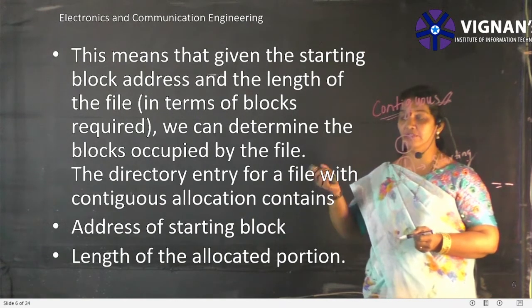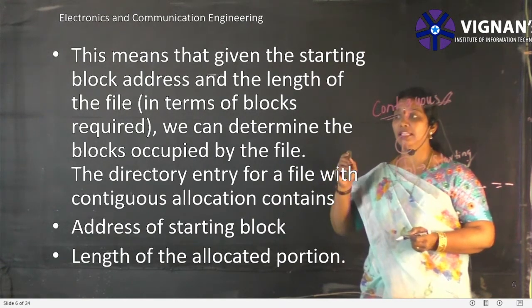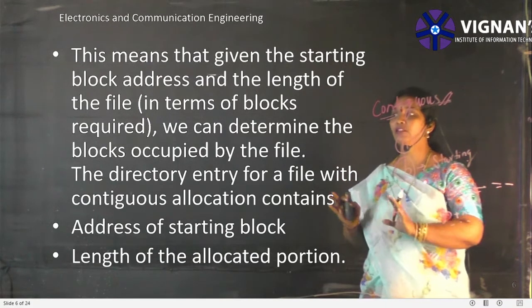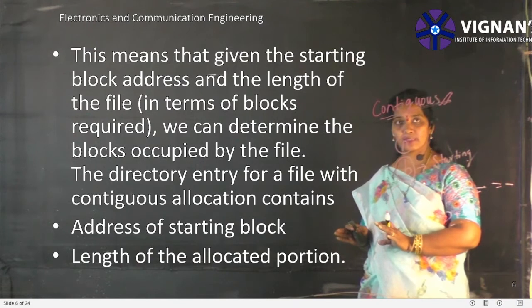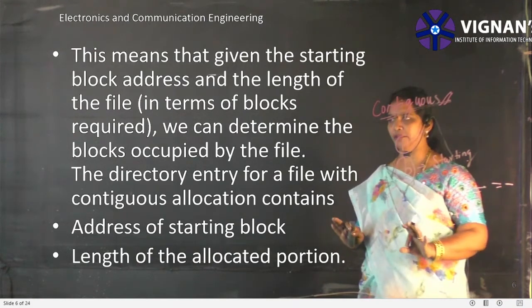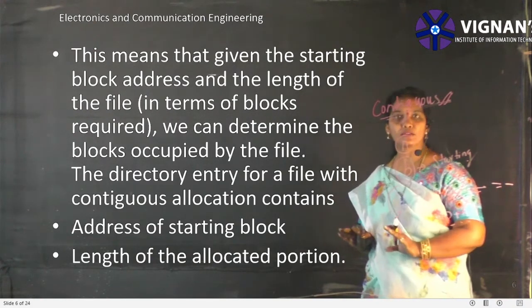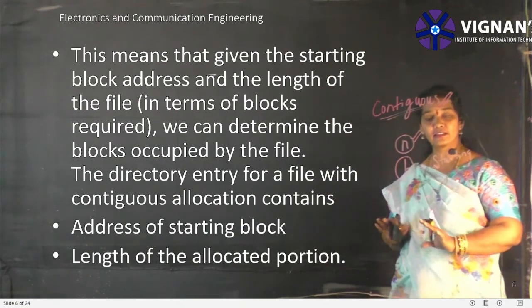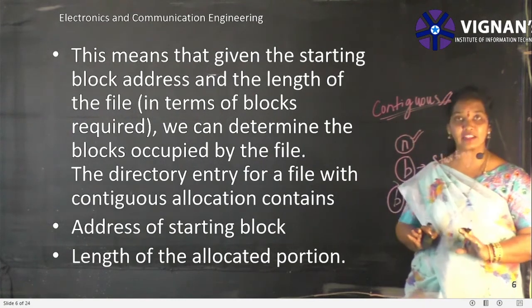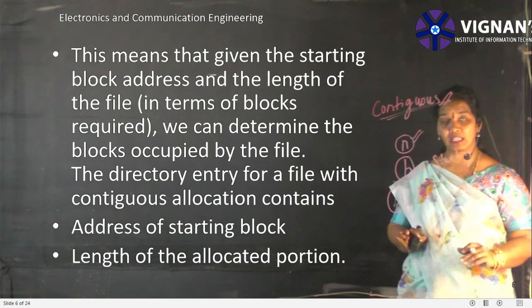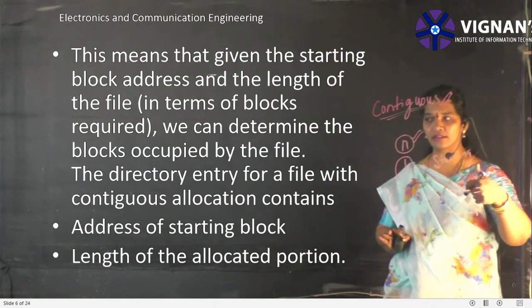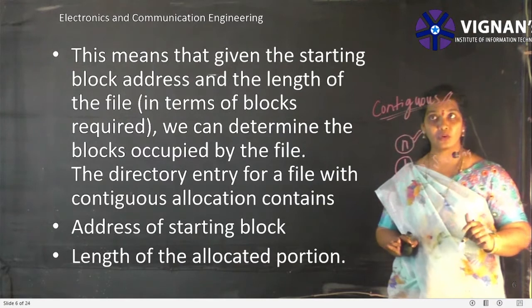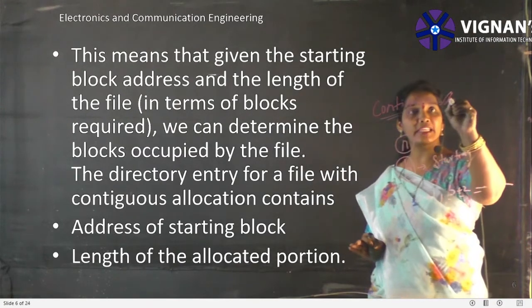Here the given starting block address and the length of the file, in terms of blocks, will determine the blocks occupied by the file. The directory entry for a file with contiguous allocation contains the address of the starting block and the length of the allocated portion.